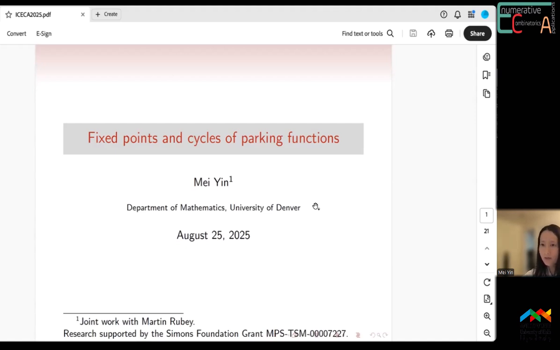If the preferred spot is taken, the car will drive forward to park. If every car can indeed find a parking spot in the end, then this is called a parking function.